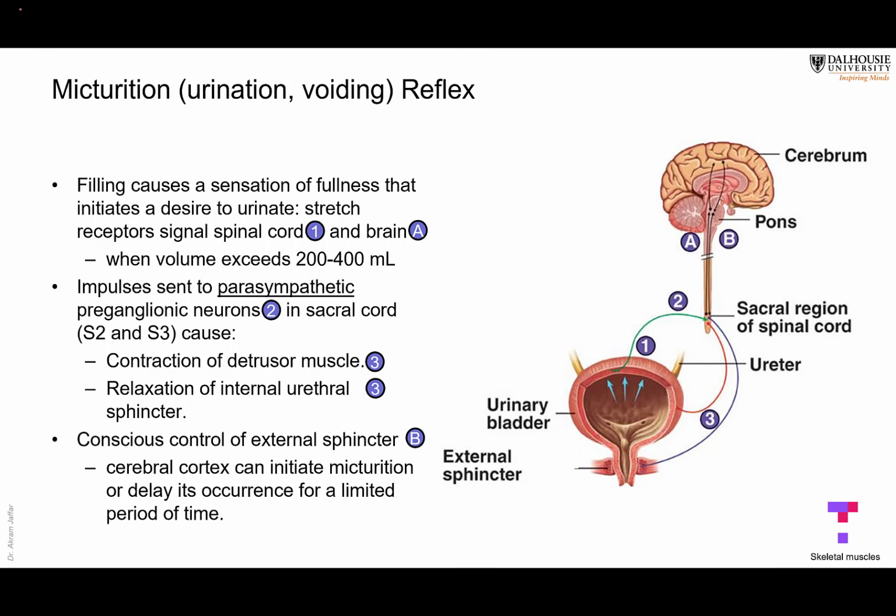And if the circumstances are not favorable, then we have an external sphincter of the urethra, which is made of skeletal muscle fibers. As the urethra passes through the perineum, it is surrounded by muscle fibers called sphincter urethrae. These are skeletal muscle fibers, and they are under our voluntary control. I'm sure that you use it every day when circumstances are not favorable for urination.